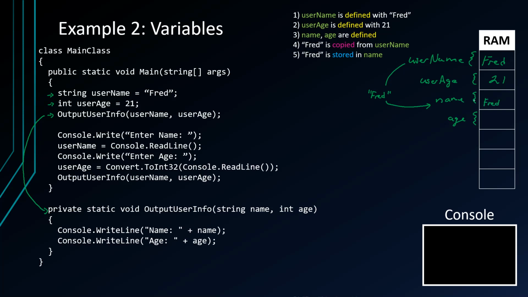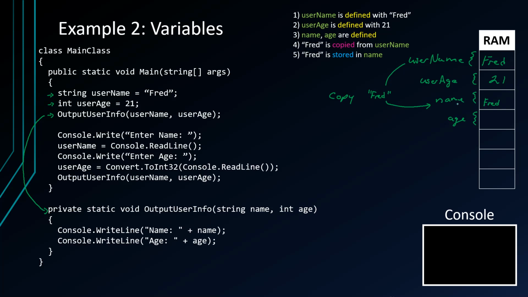Now be very clear on this. I said Fred is stored in the name variable, not username. The value was pulled from username, copied, and then we stored the copy into name. That means there are 2 versions of Fred inside of memory right now: the first one in username, and the current one in name. They both exist.